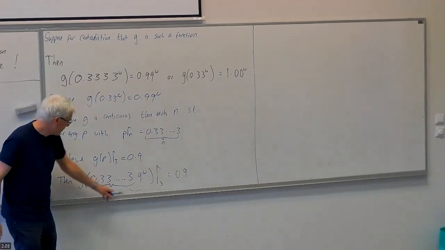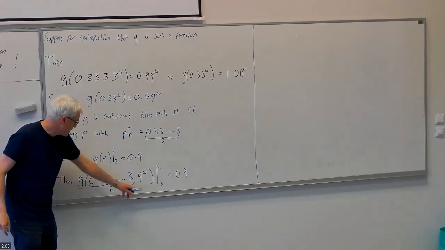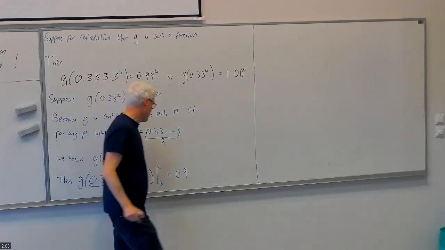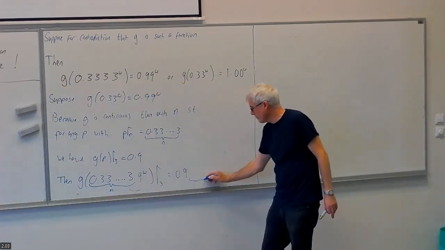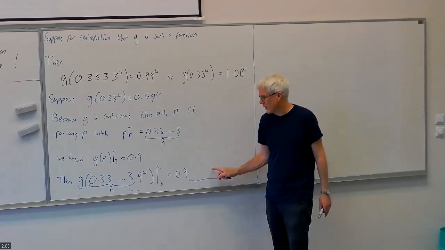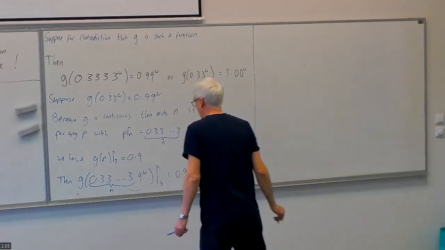But if you look at what this input is, this is a value that's strictly greater than 1/3. But there's no possible way of continuing this output sequence to get a value that's strictly greater than 1.